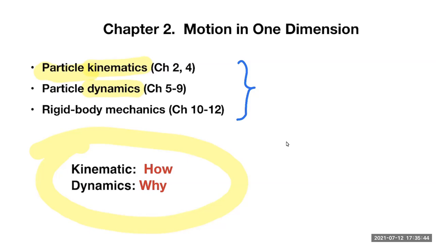And then in chapter 5, we'll be introducing particle dynamics. The very first chapter of particle dynamics is the most important chapter in Physics 8A, because this is the chapter in which we introduce the fundamental laws of particle dynamics, known as Newton's 3 laws of motion.